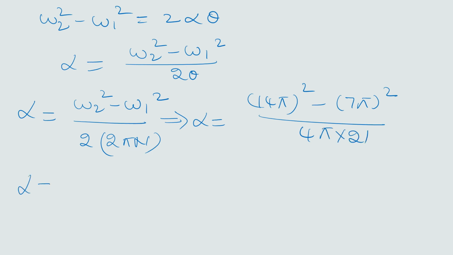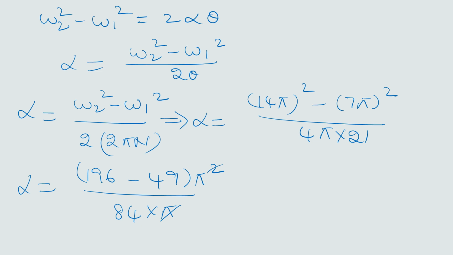Taking pi square as common, 14 square is 196 minus 7 square 49 into pi square by 4 into 21 into pi, that is 84. Pi gets cancelled, so alpha is equal to 196 minus 49, that is 147 by 84.